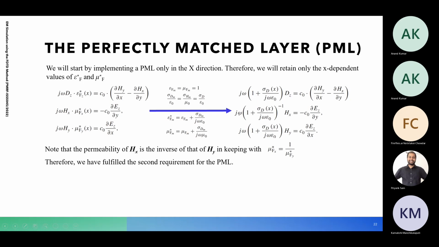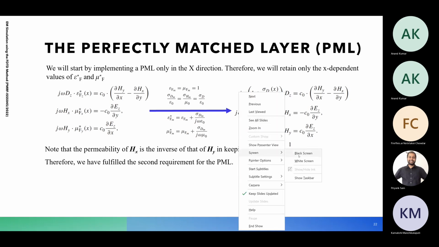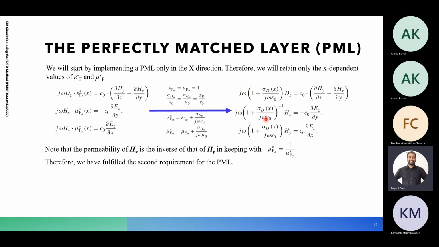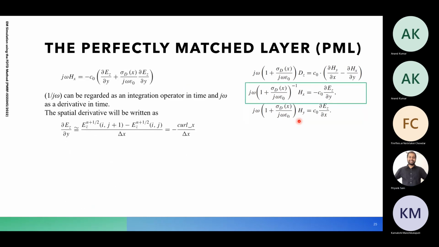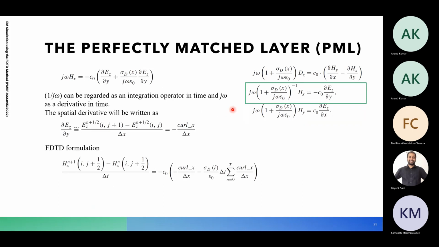Okay. Yeah, the derivation of this middle equation, the formulation for this. Okay, so for this equation, since we have this inverse term over here, we take it to the right hand side.